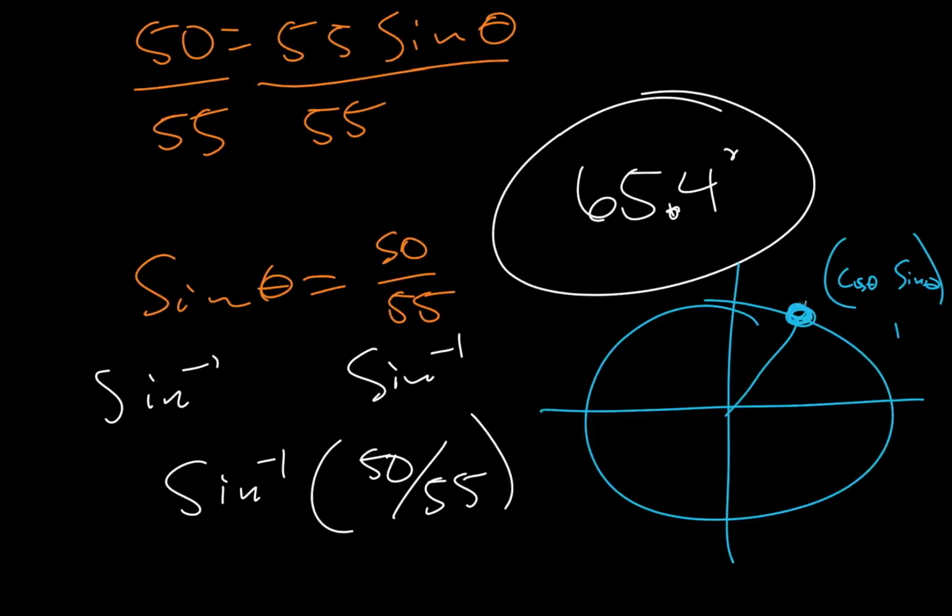The sine value is the y value. And so the same y value is going to show up if we use this angle as well. And so if we think of it like this, if we had 65.4, which would be this, we could figure out what this angle needs to be to get to 90. So we just say 90 minus that.